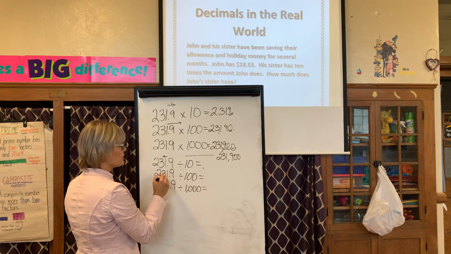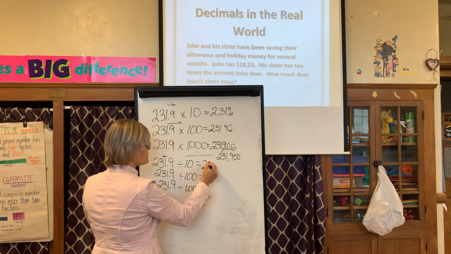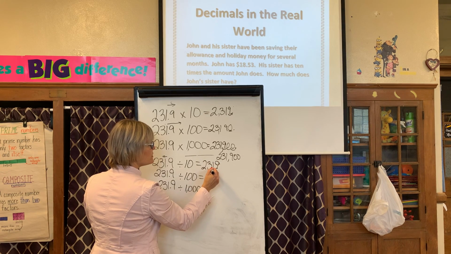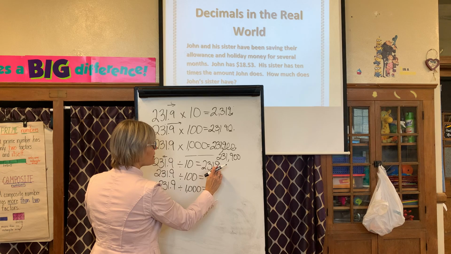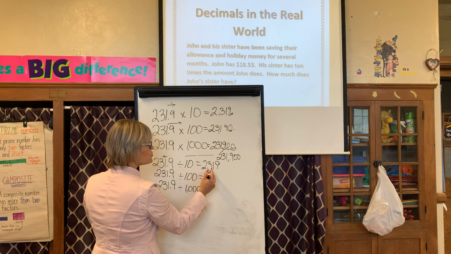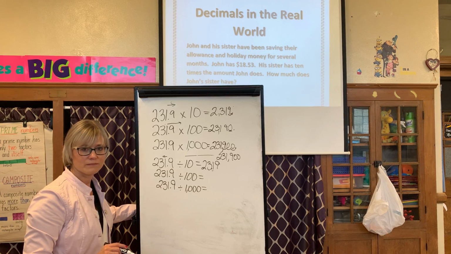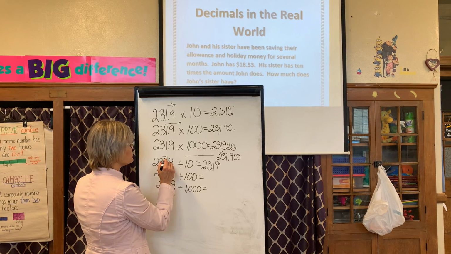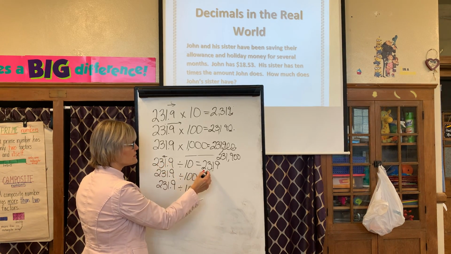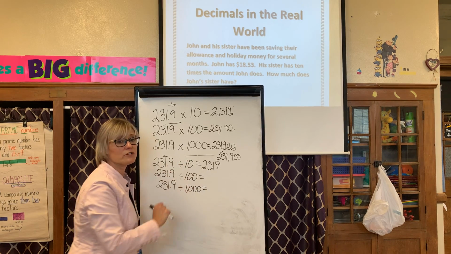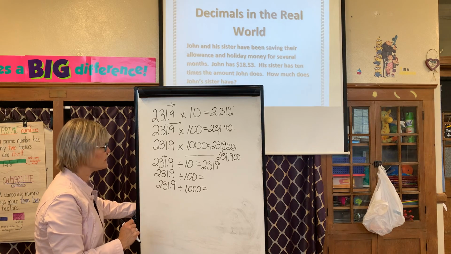The decimal's moving 1 place. So I'm going to write that original number. And I'm going to move the decimal 1 place. So now it is 23 and 19 hundredths. All right? So I move the decimal to the left 1 place to make the number smaller because we're dividing it by 10. The 0 tells me how many times to move the decimal.